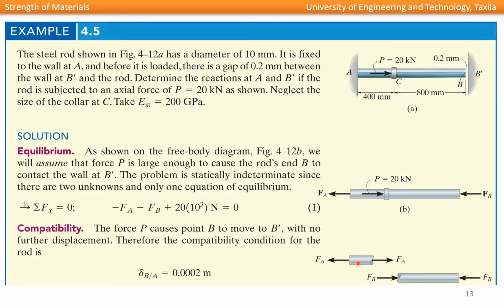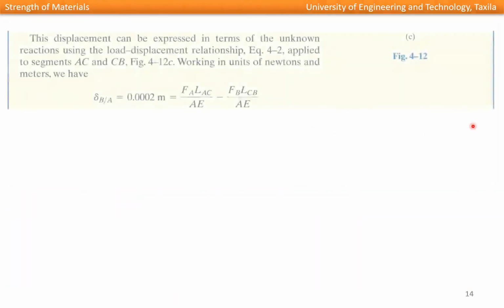So delta for this segment plus delta of this segment should be equal to 0.0002 meter. This displacement can be expressed in terms of the unknown reaction using the load displacement relationship applied to segments AC and CB. Working in units of newtons and meters, we have this.